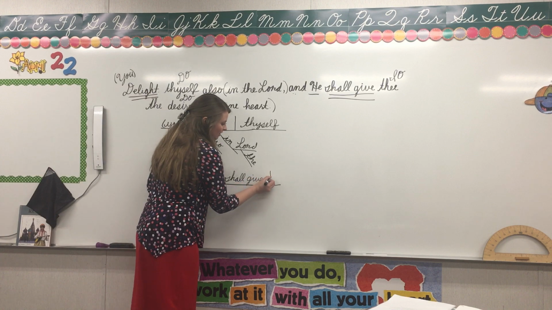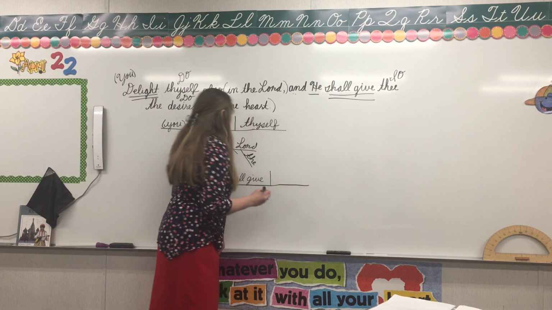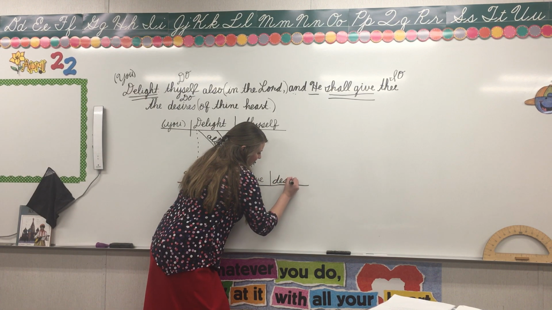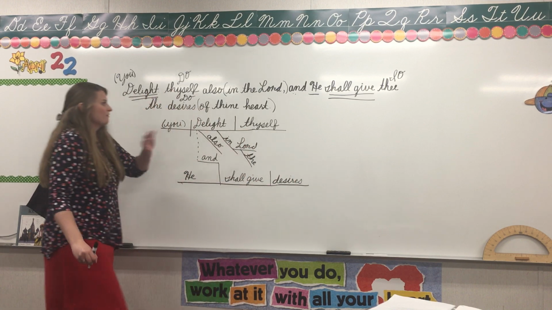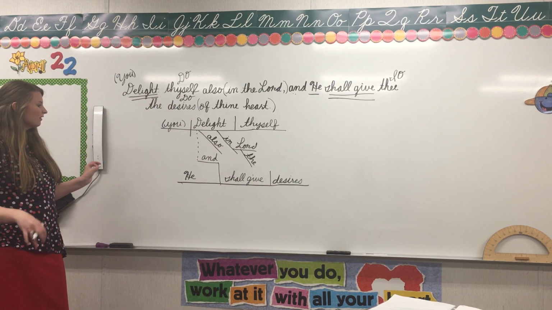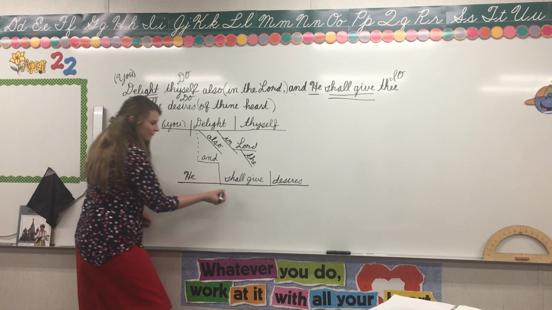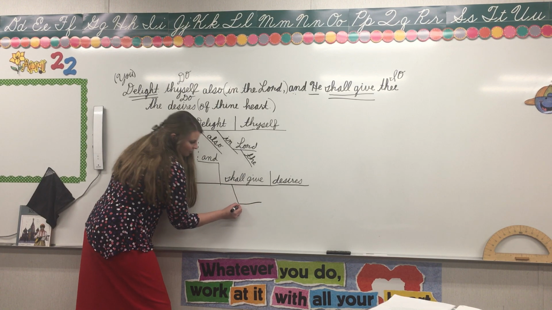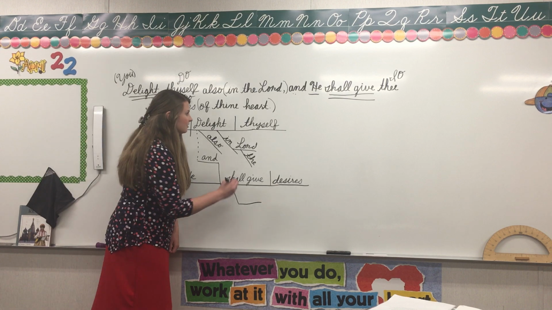Remember, you're going to draw a line. Don't cross the line. Desires. Here we go. Okay, we have those last couple of words. Thee, which is our indirect object, it's going to go under the verb, and indirect objects are diagrammed as such, like this.